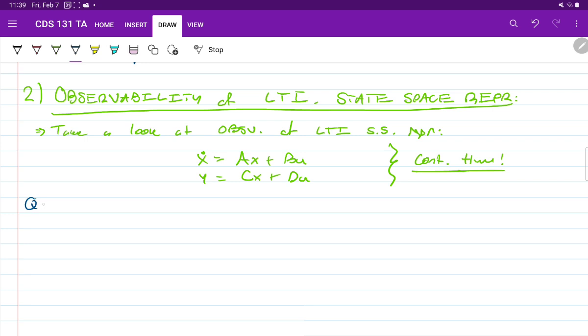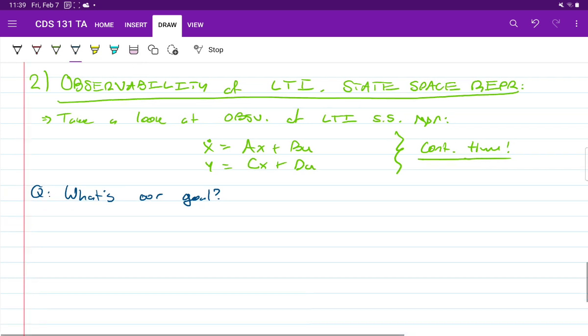So what do we want to do? What's our goal? Well, what we did with controllability, right, is we found some really nice, sharp algebraic characterizations of controllability, right? We found that controllability on one time interval was equivalent to controllability on any other time interval, right? So we want to see if we can get some analogous results for observability, right?